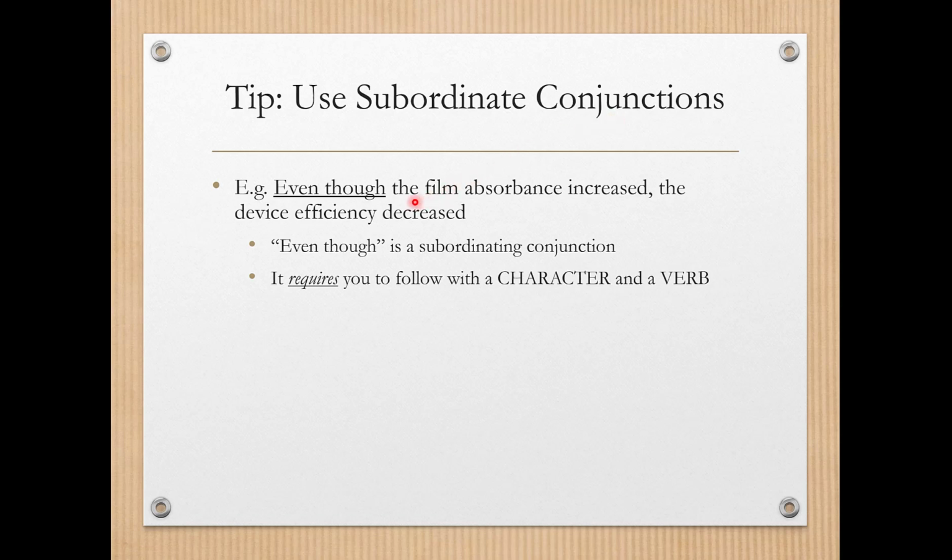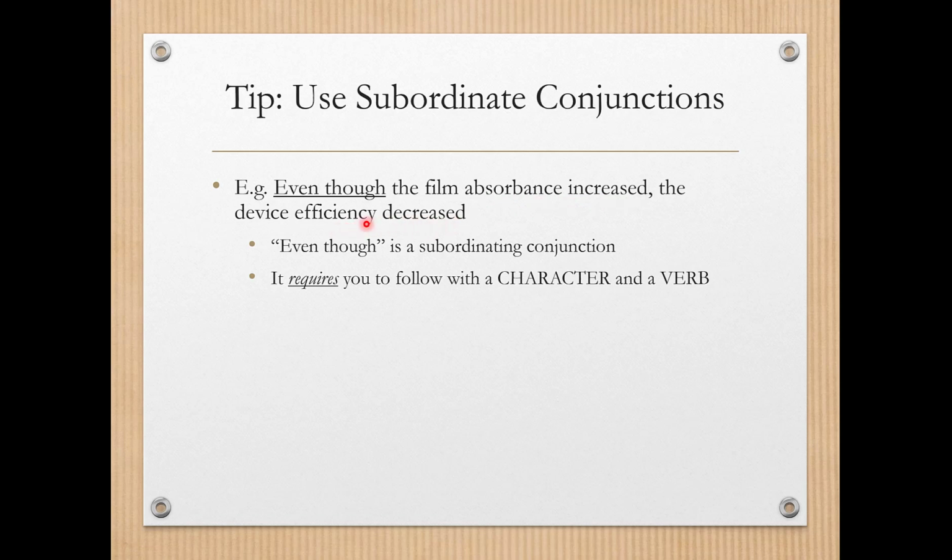So in this case, the film absorbance is the subject of this sentence, and the verb is increased in here. So when we use such a subordinating conjunction, and we'll find the same is true with adverbs, we find ourselves using a character and a verb, and that was one of the key outcomes of the first few videos. So even though the film absorbance increased, the device efficiency decreased.